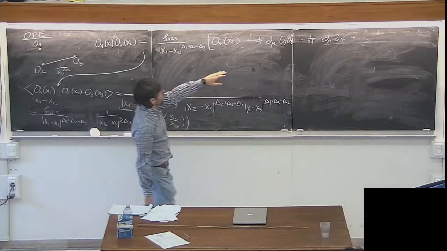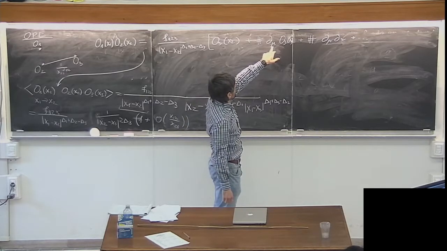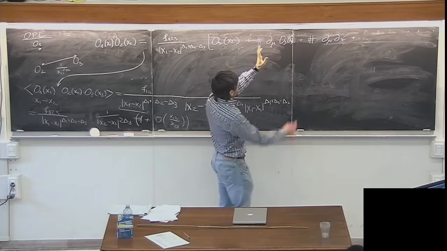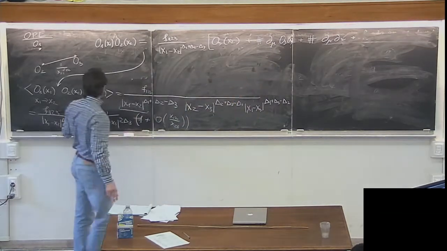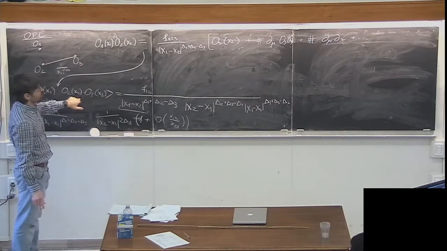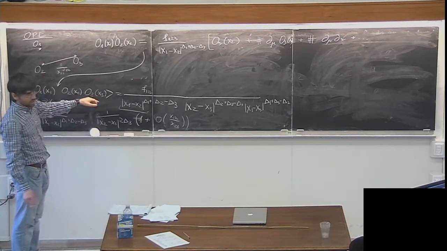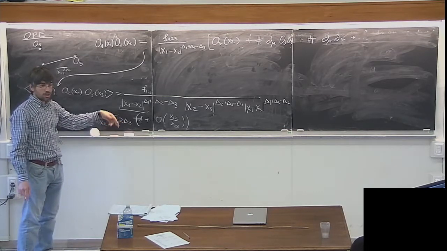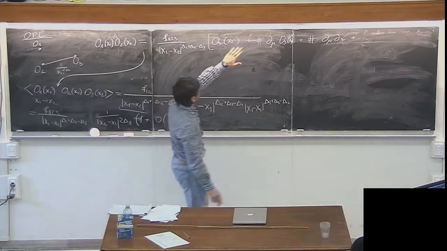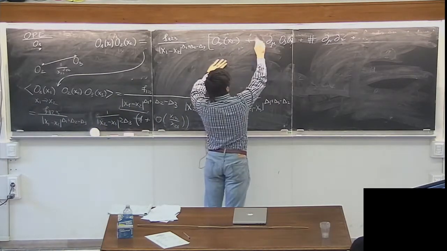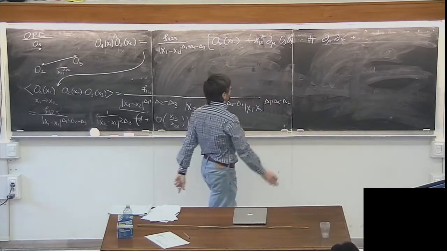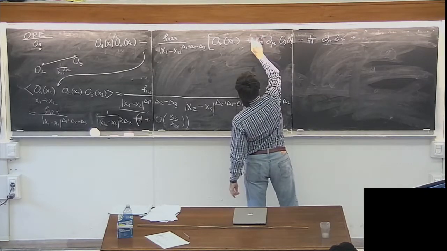Let's go a bit slower. Suppose that I take this term and stick it into the OPE. Now I have to differentiate the 2-point function of O3 O3. This is going to give me something which decays at infinity one power faster than x2 minus x3 to the 2 delta 3. So it's going to decay faster. For rotation invariance, I have to multiply it by x12 mu, and here there will be some numerical coefficient.